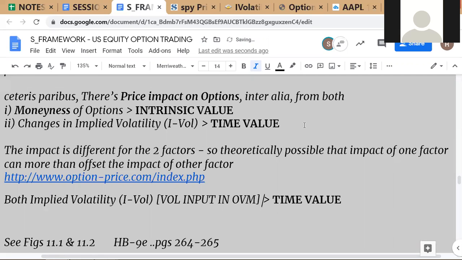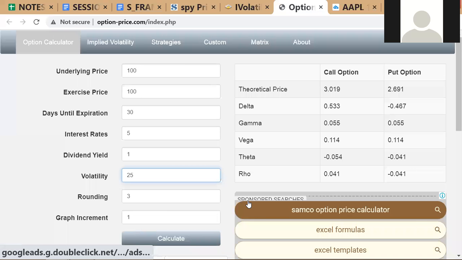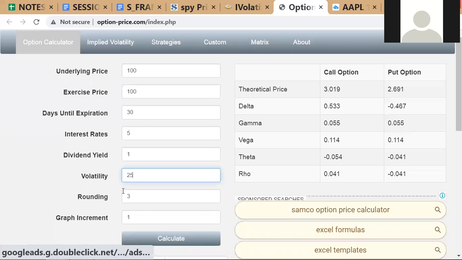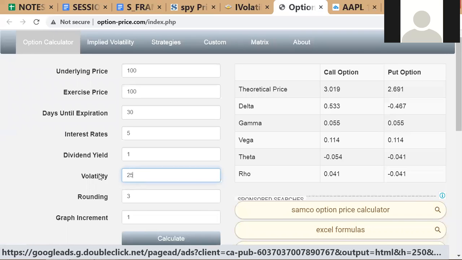OVM is the option valuation model, which is this one. So when I'm referring to the vol input, I'm talking about this vol input.